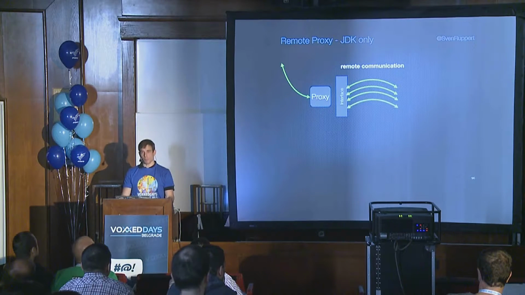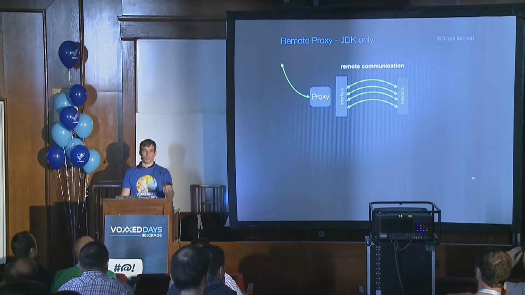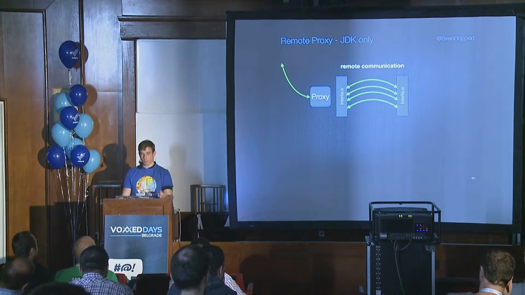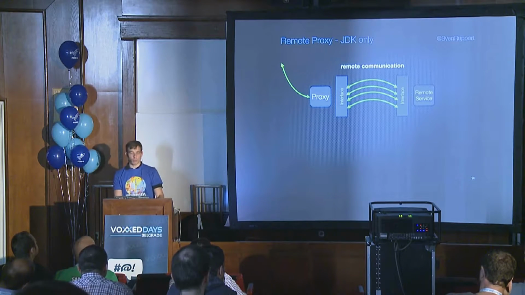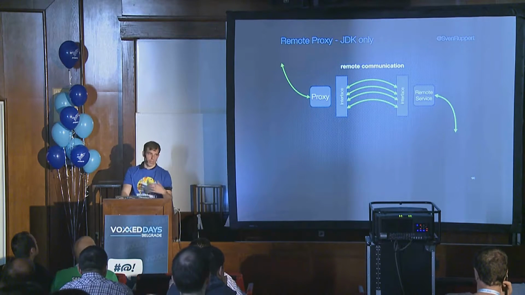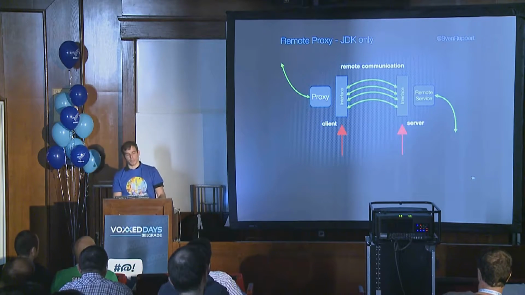This is more or less bidirectional because you are sending something, you are getting something. Then it's going through the same interface because on the server side you want to implement the same interface. You have this remote service and then something is going on. This is a basic thing you have to have in mind. So you have a client side, you have a server side, and then you have this interface.